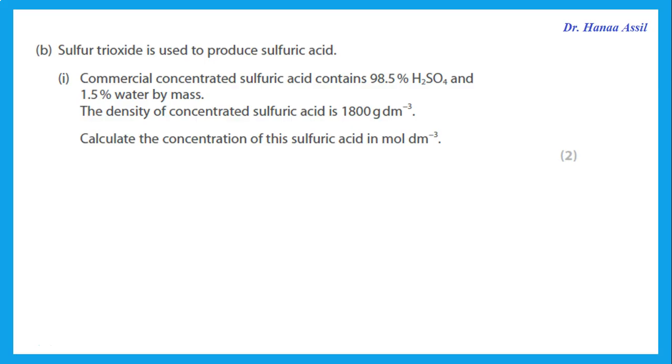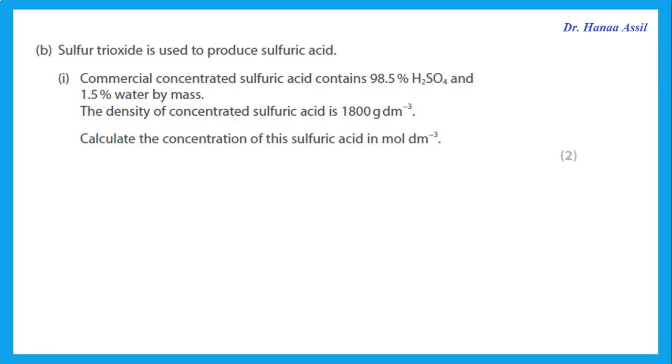Sulfur trioxide is used to produce sulfuric acid. Commercial concentrated sulfuric acid contains 98.5% sulfuric acid. The density of that solution is 1800 grams. Calculate the concentration.